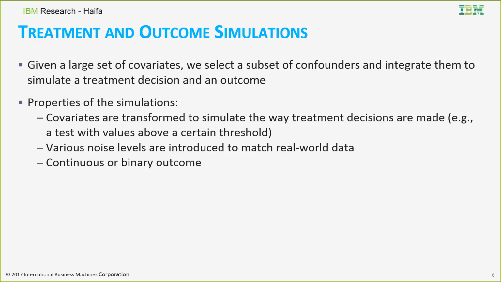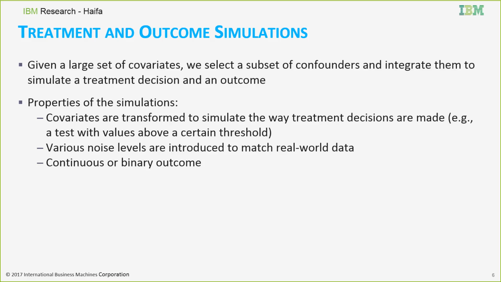So as I said, the base level is given covariates. We can, for example, take some public data or data that you have with covariates for some number of patients, and use it to decide, randomly or subjectively, what would be the treatment assignment for each patient, given some covariates that you decide are confounders, and from this treatment assignment simulate the outcome.